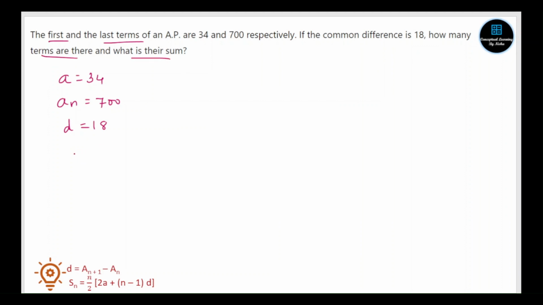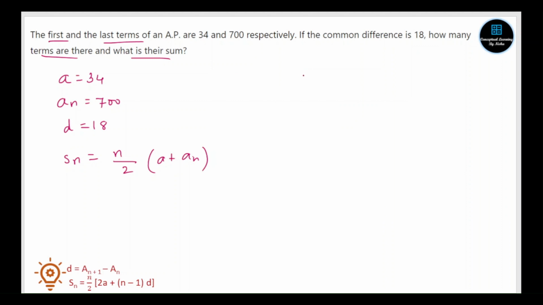We know that the sum Sn equals n upon 2 into (a plus an), but I don't know the value of n. So first of all we have to find the value of n.